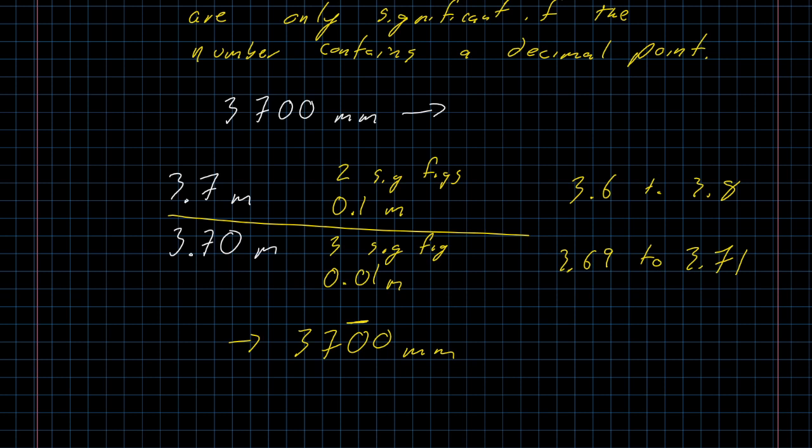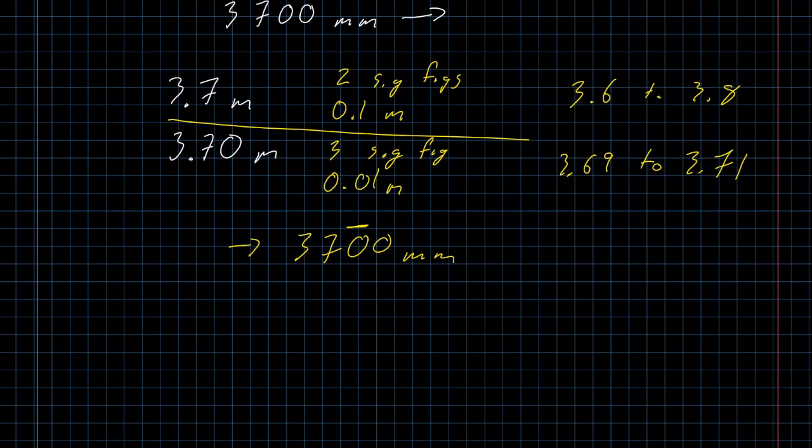So 3700 with a macron over the first zero is 3 sig figs and precise to the nearest 10 millimeters. If I want to take that a step further, I might have a tool that is going to measure to the nearest millimeter. I would put my macron over the zero there, and this version has 4 sig figs and is precise to the nearest whole millimeter.